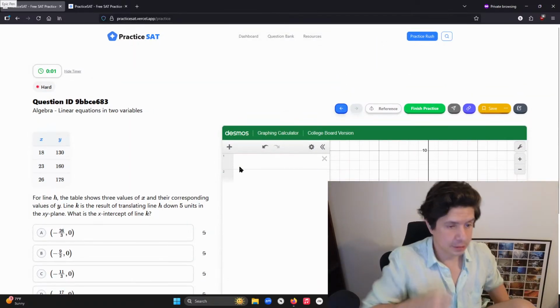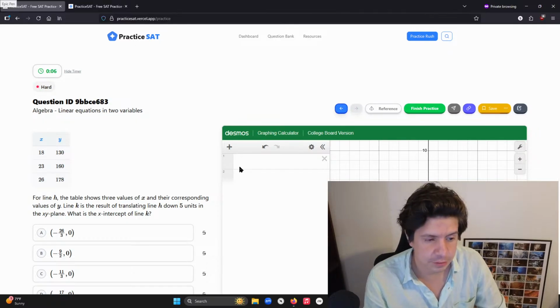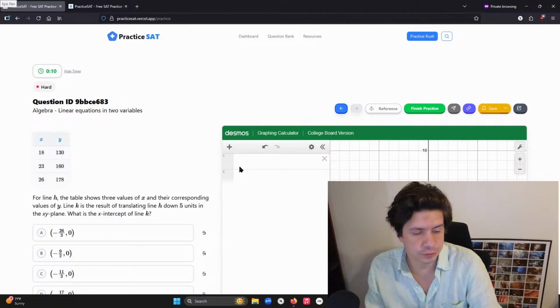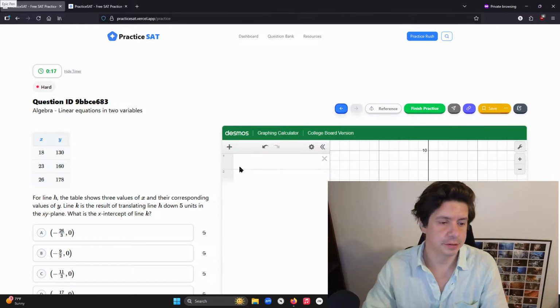Okay, now let's try this one out. For line H, the table shows three values of x and the corresponding values of y. Line K is the result of translating line H down 5 units in the xy plane. What is the x-intercept of line K?